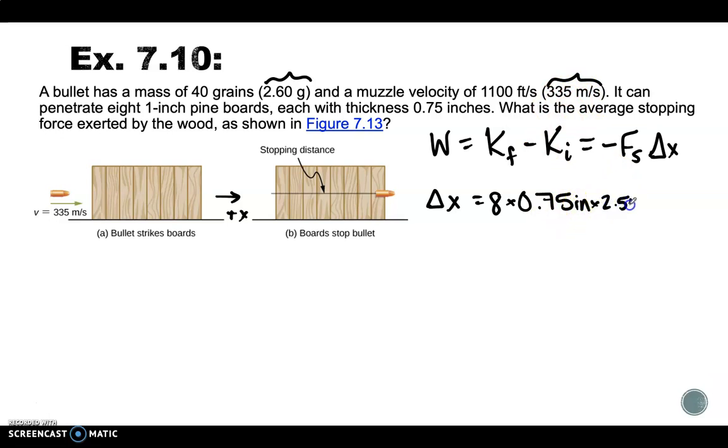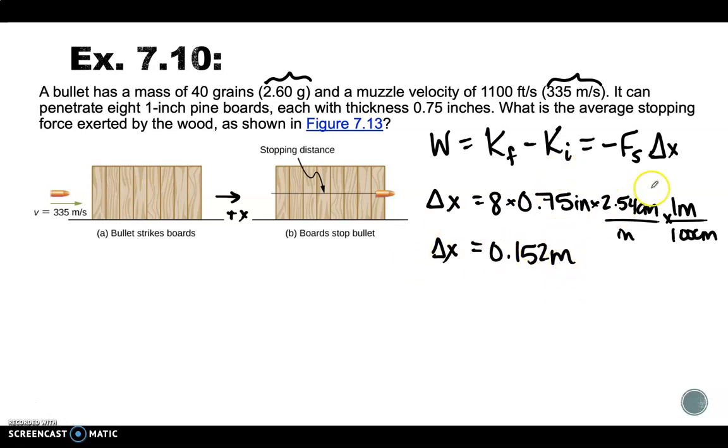So that would be 2.54 centimeters per inch. And then we have, per each meter, we have 100 centimeters. Okay, so delta X then is going to be 0.152 meters. Okay.